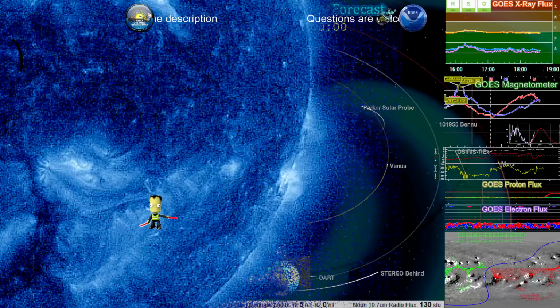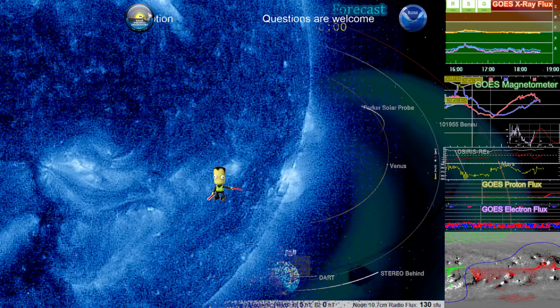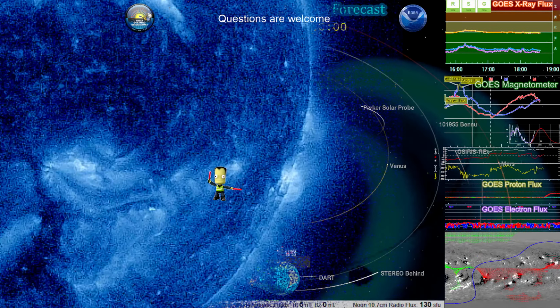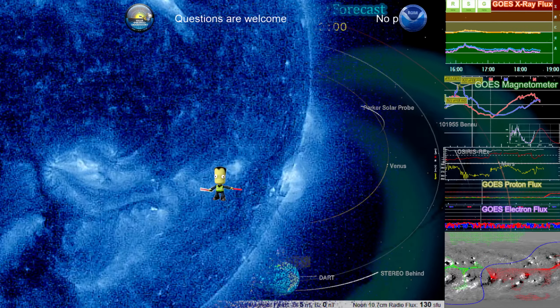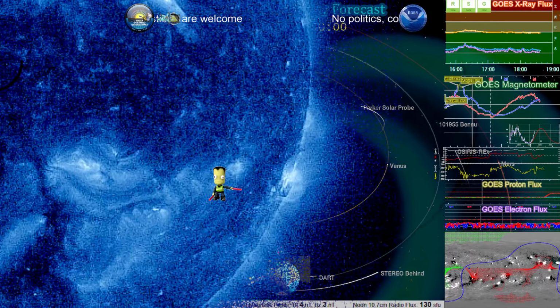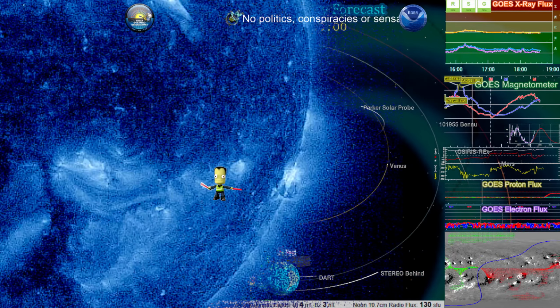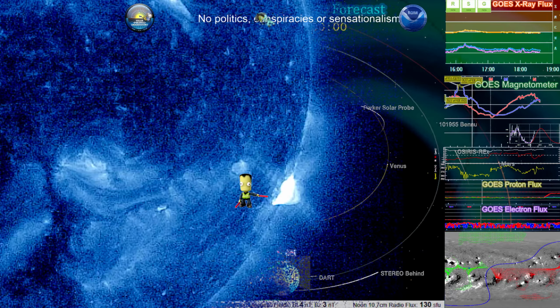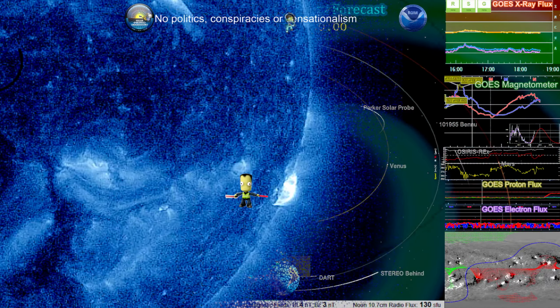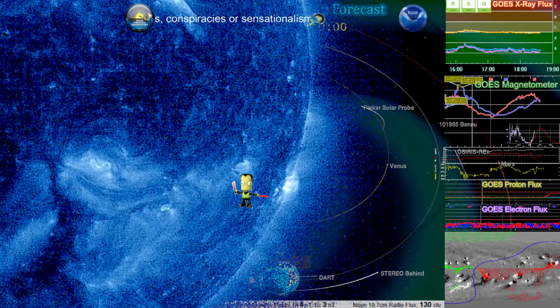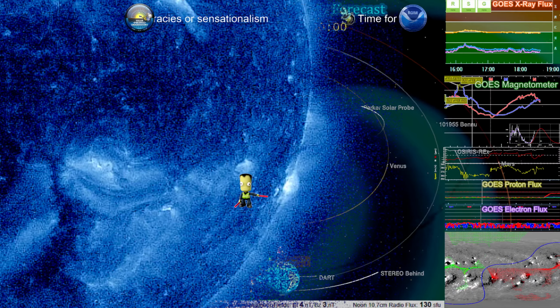And in looking at the event that just occurred, what was that region again, Sydney? It was 3047. Thank you again. All right, right here, and you can see that plasma moving outward as the flare is then initiated by the plasma movement.